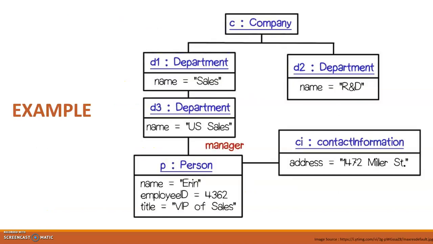Here we have one example. In this example you can see that many rectangle boxes are there, and some text is also there. First let's understand how to draw the object diagram, and then we will discuss that example. To draw an object we first draw a rectangle.